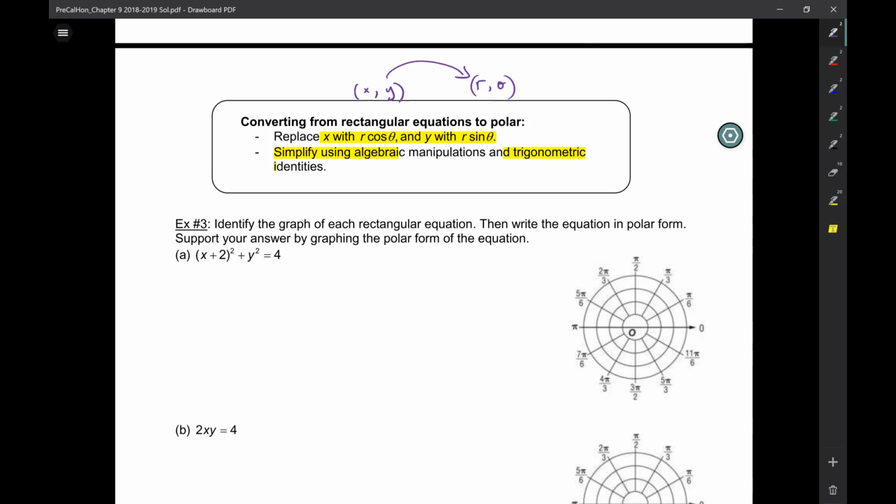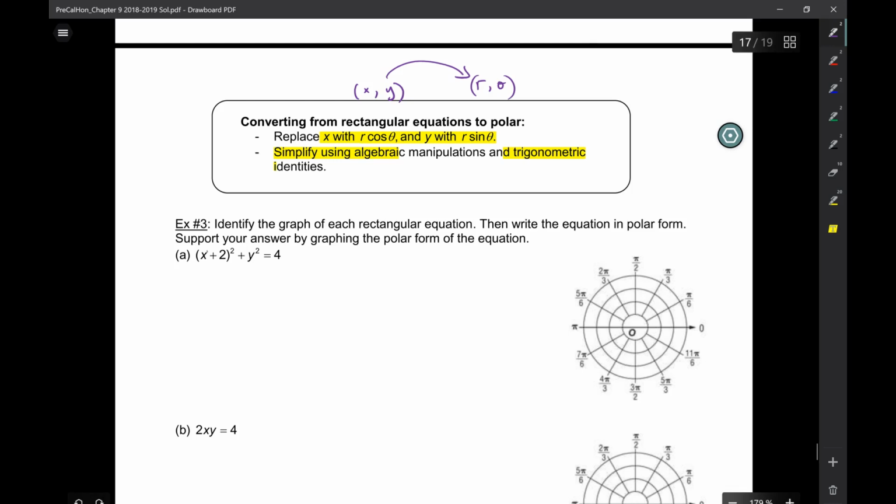Okay, here's the fun part, guys. We have an equation here in rectangular coordinates. First of all, what is that an equation of? A parabola, a line, a circle. How do you know it's a circle?